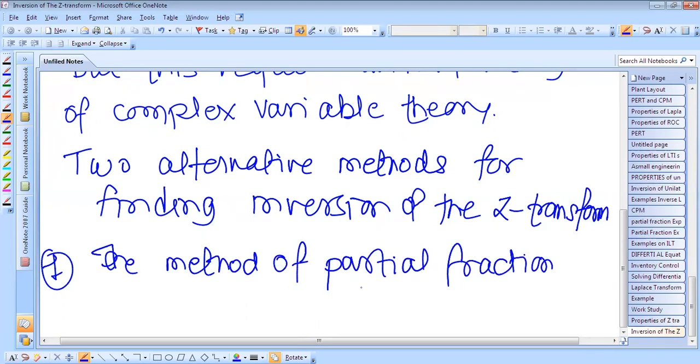This method of partial fraction uses the knowledge of several basic Z transform pairs and Z transform properties to invert a large class of Z transforms.